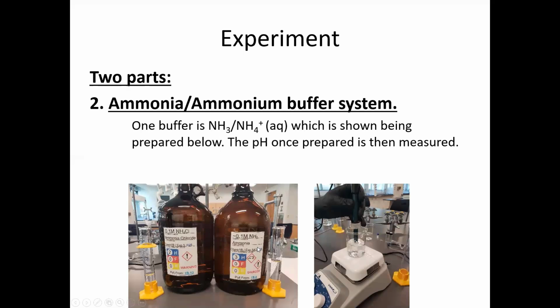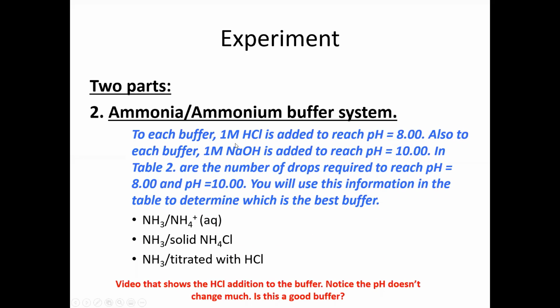The first case still uses the graduated cylinder to prepare the buffer solution out of these 2 solutions. For each buffer, we use 1 mole of HCl to add to each buffer until the pH reaches 8.00, okay?